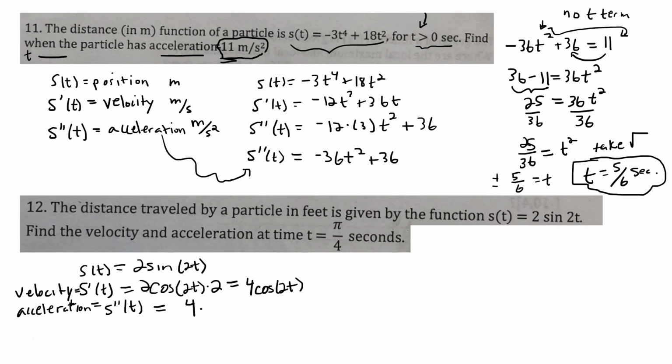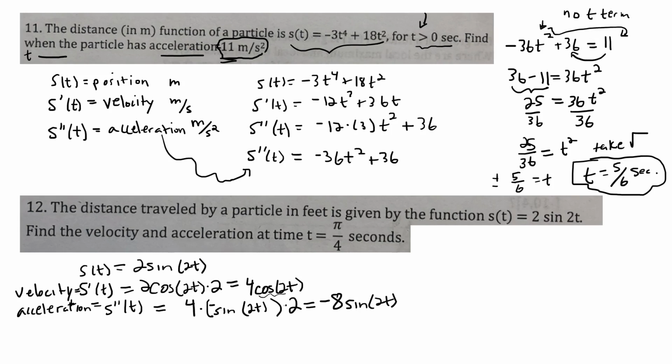So we keep the 4. Cosine's derivative is negative sine, leave the inside alone. Chain rule says multiply by the derivative of 2t, which is again a 2. So this time we have a 2, a 4, and then a negative 1. So altogether, negative 8 times the sine of 2t.